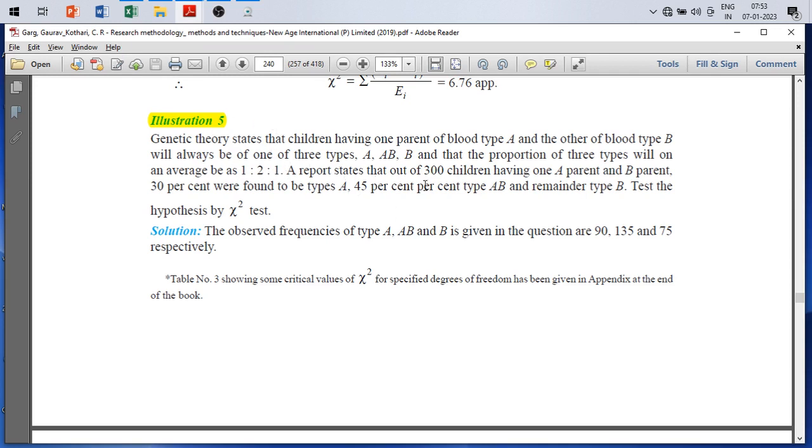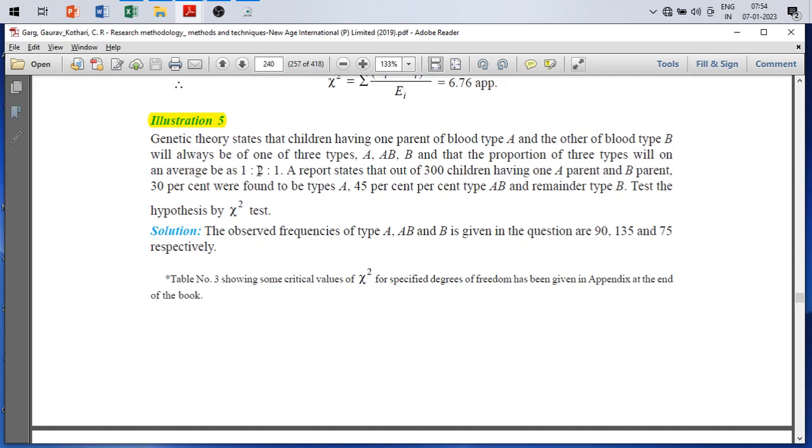A report states that out of 300 children having one A parent and one B parent, 30% were found to be type A. That means 30% of 300, that is 90, were found to be A, 45% type AB, and the remainder type B. So we know the frequencies of A, AB, and B from the data, and we also know the expected frequency from the theory.